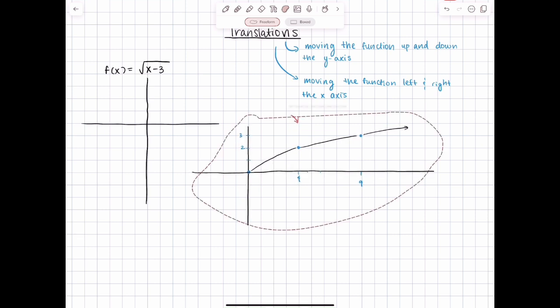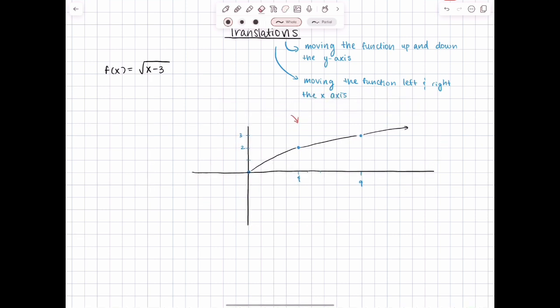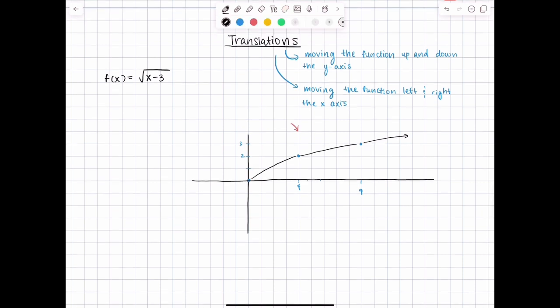Whenever the number is inside the parentheses with the x value, that's when you know it is moving along the x-axis. Negative is to the left and positive is to the right.